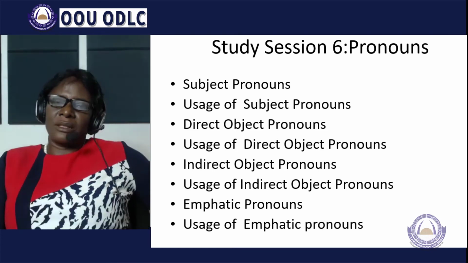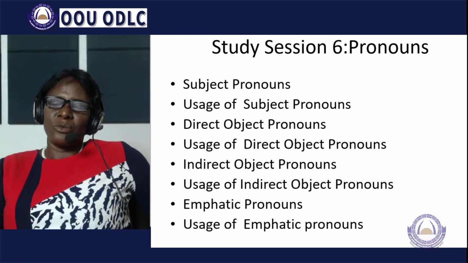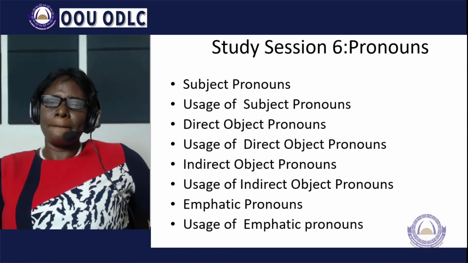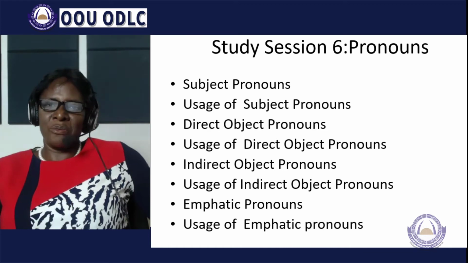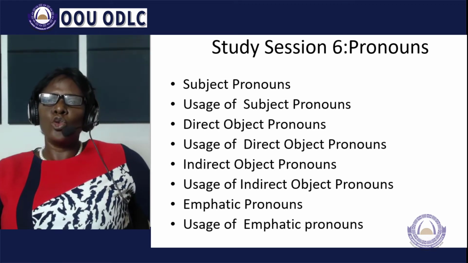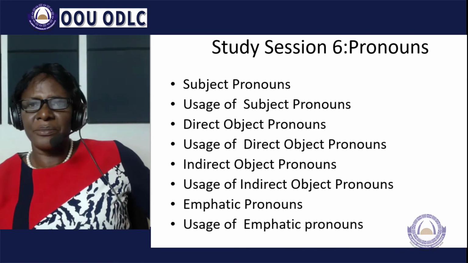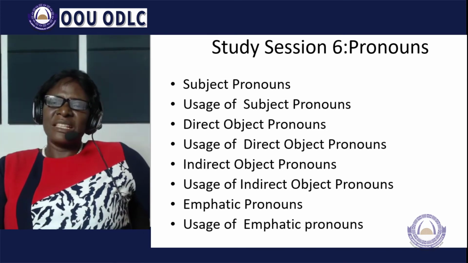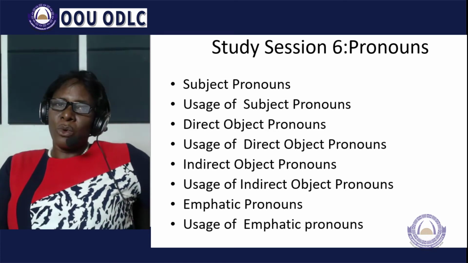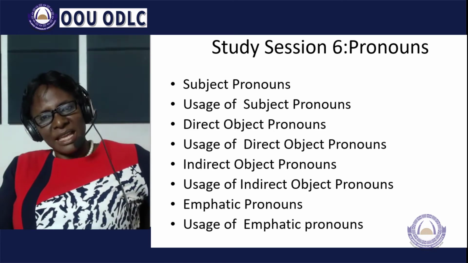Now, what are the forms in French? We have the singular form and we have the plural form. The singular forms are moi, meaning I or me. Toi, meaning you. Lui, meaning he, him. Elle, meaning she, her. Then we have the impersonal one, soi, meaning oneself, yourself, ourselves.